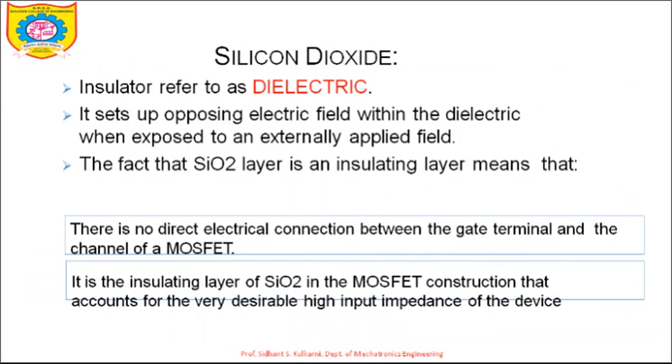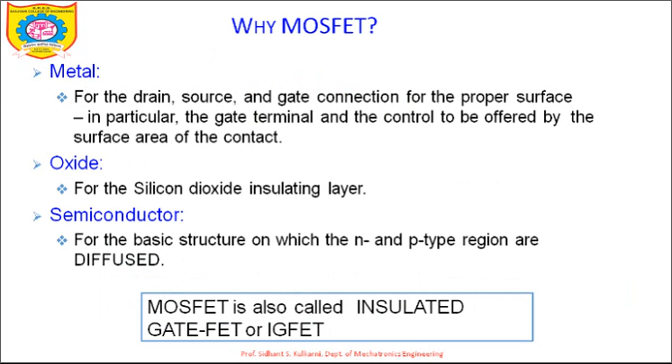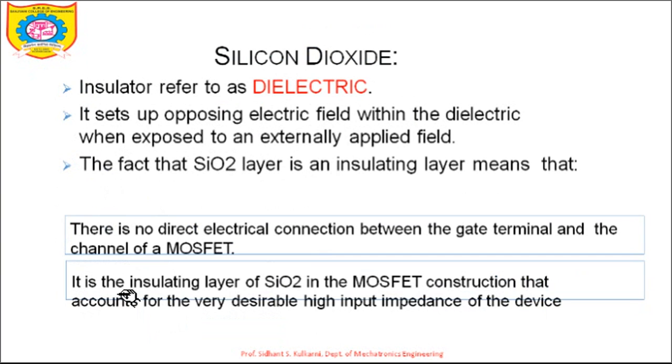One more thing to remember: the insulating layer of SiO2 in the MOSFET construction accounts for a very desirable high input impedance. As I told you in previous lectures, high input impedance is always preferred for devices like FETs, transistors and MOSFETs, so that noise signals, which are very low voltage signals, do not drive the input terminals of the devices and do not get amplified.